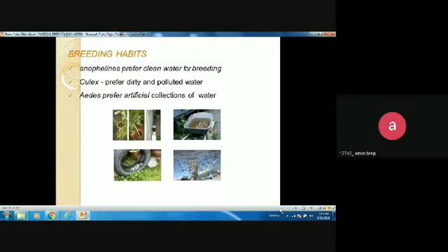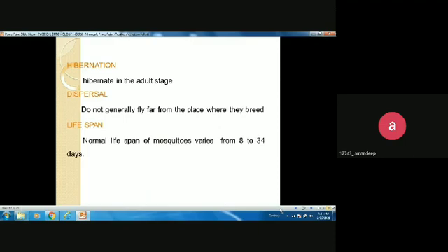Breeding habits. Anopheles prefer clean water for breeding. Culex prefer dirty and polluted water. Aedes prefer artificial collections of water. Hibernation: they hibernate in the adult stage. Dispersal: they do not generally fly far from the place where they breed.